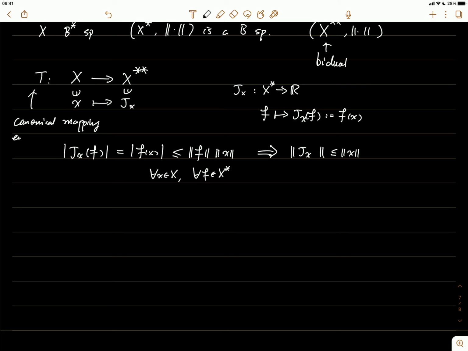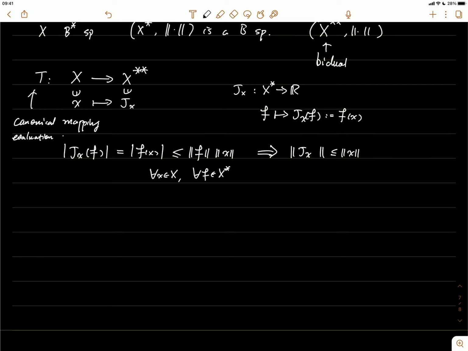Sometimes it's also called the evaluation mapping. That means T maps x to the evaluation Jx, which, for any given f, just evaluates f at the point x. So that's the common name for T.